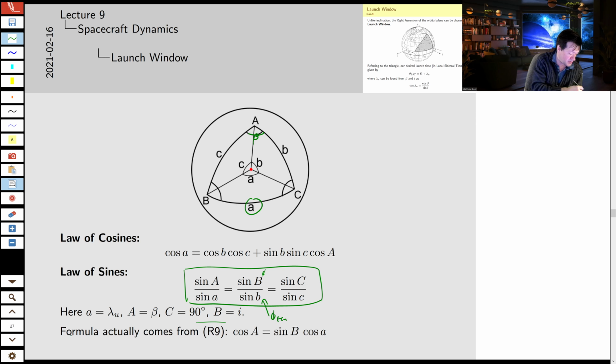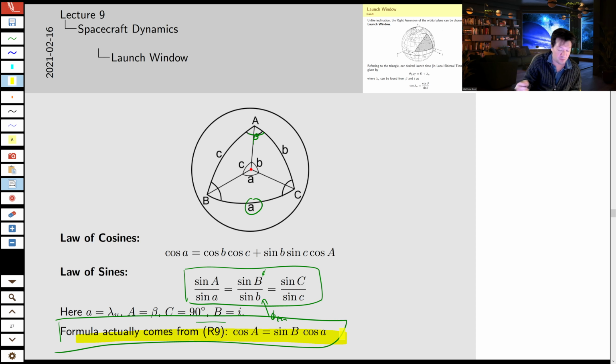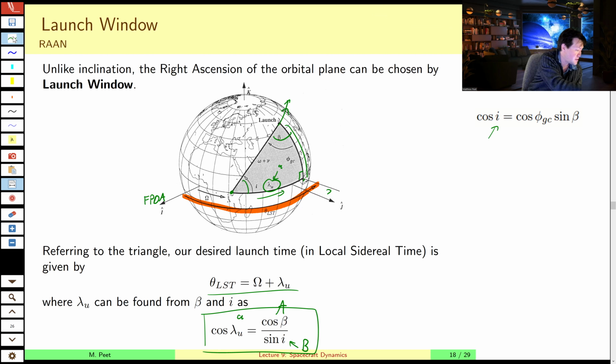Oh yeah, sorry, I said it here. This formula is derived from Napier's ninth rule of spherical trigonometry, because we have that right angle. I'm not sure why I wrote down the law of sines and cosines, but there you go. Human error, or human forgetfulness, more to the point.